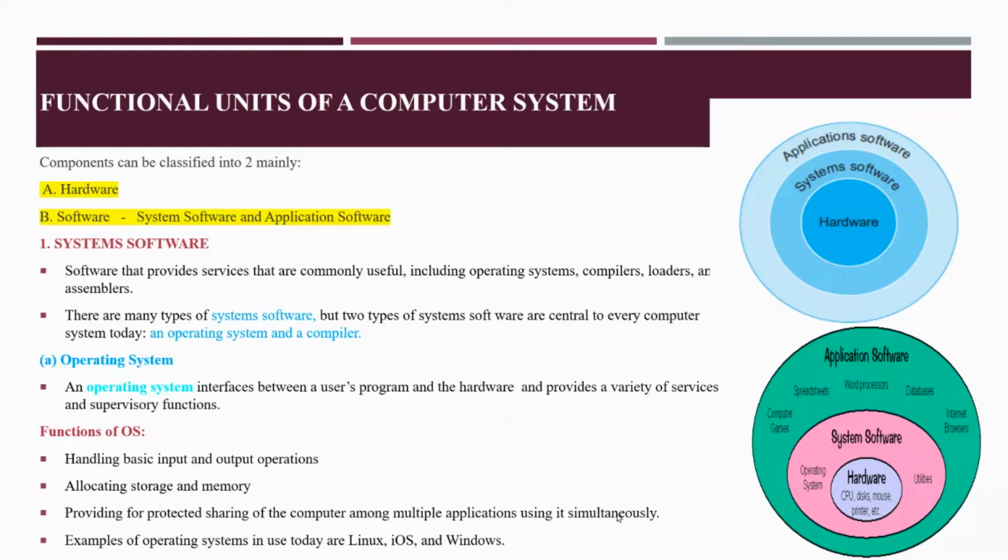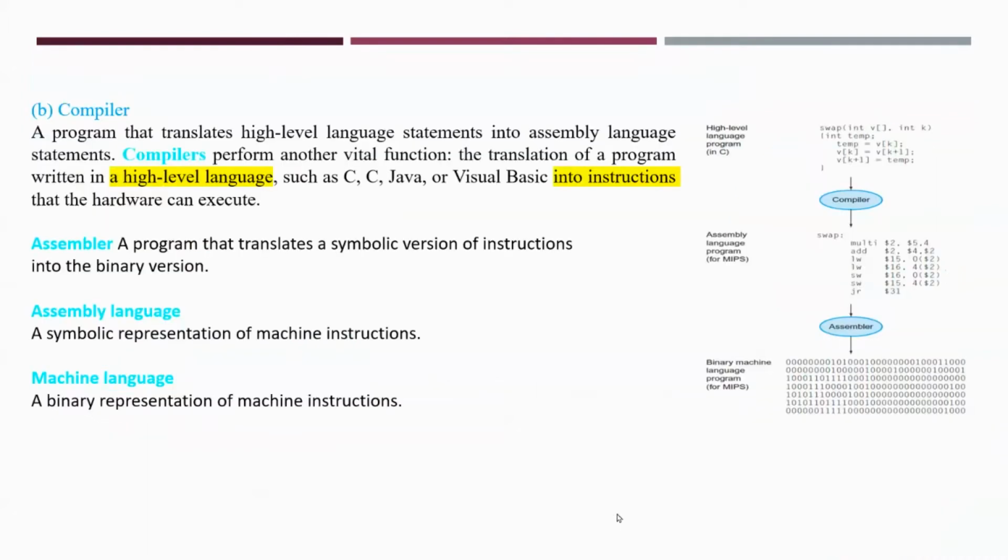Apart from the operating system, there are other kinds of system software available, which includes compilers, loaders, assemblers, etc. So we'll see what a compiler is. A compiler is not a device, it's a program that translates the high level language into an assembly language.